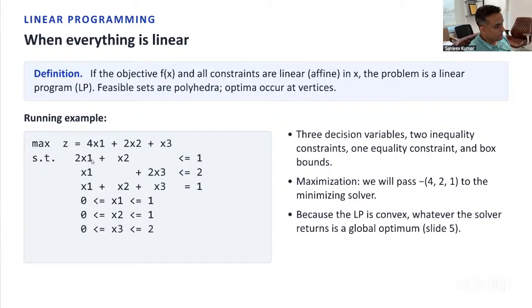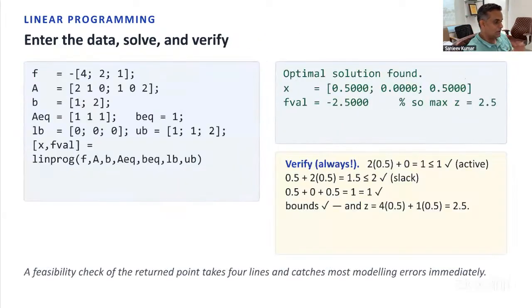How many inequality constraints am I having? Two. The first constraint is 2, 1, 0, because 0 is the coefficient of x3. And the second constraint is 1, 0, and 2. That is my matrix A.